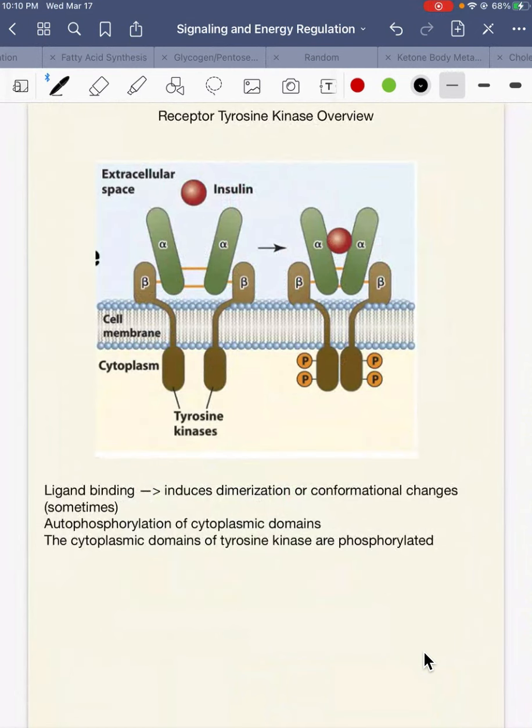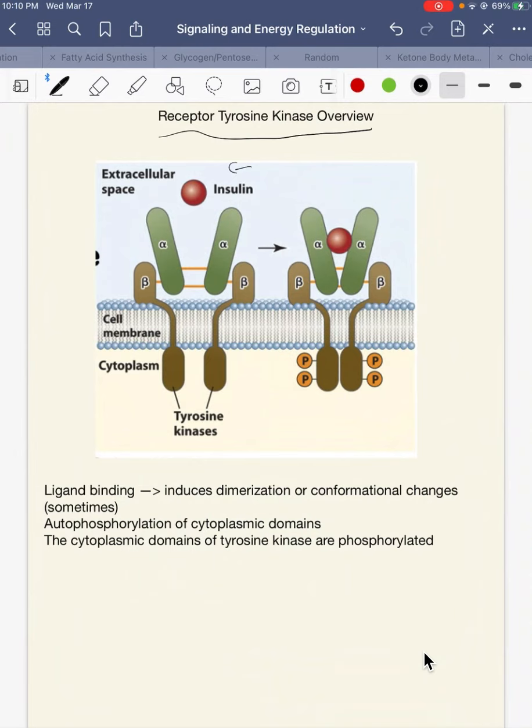So this is the receptor tyrosine kinase overview. Sorry about that, I was just plugging in my charger. Okay, this is the receptor tyrosine kinase overview. So insulin uses this, but insulin is not the only thing in your whole body that uses this.